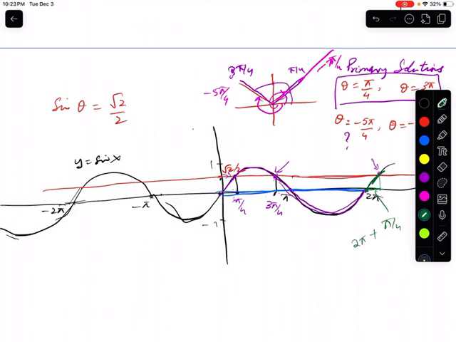And in the same way, if you go in the negative direction, you can see it is crossing in the piece from negative 2 pi to 0 only in two places. So what are those angles? Those are these two angles.